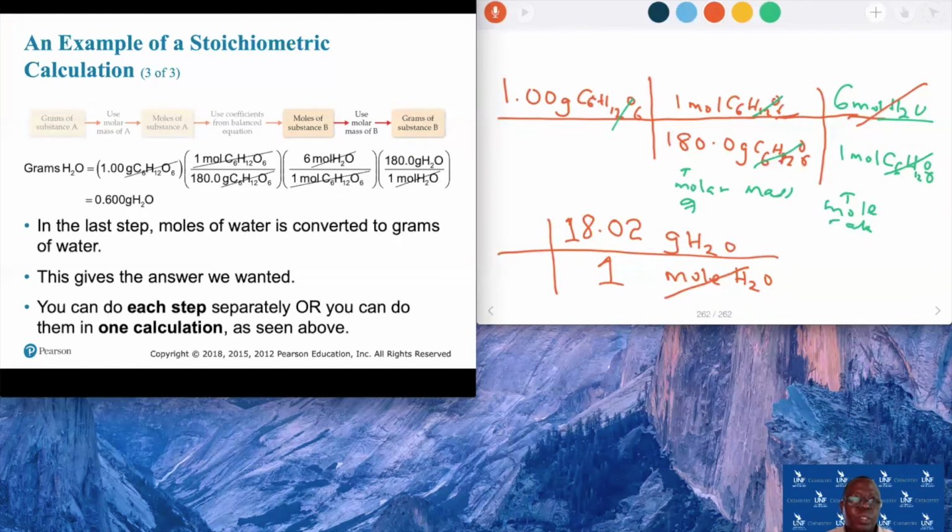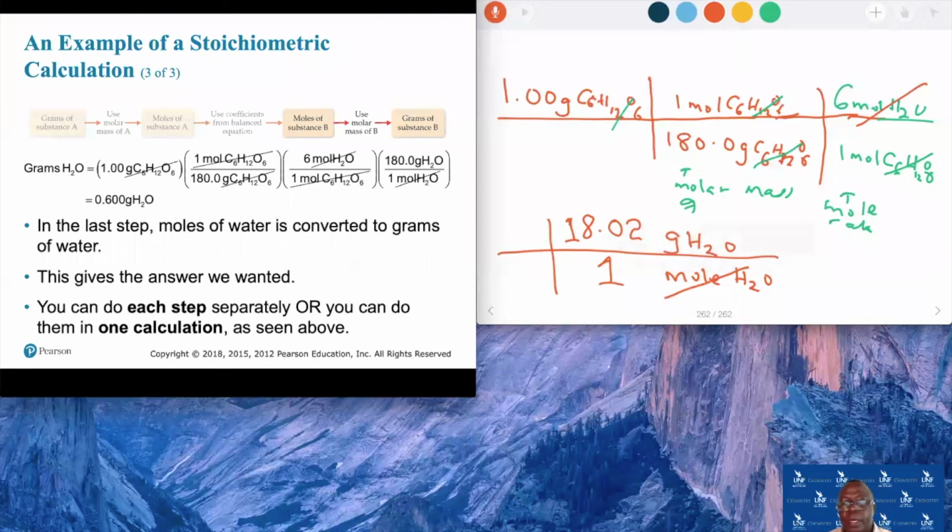It should be 18.0. I'll fix that. Thank you. Any other question? Jason, yeah, you are right, somebody brought that to my attention. Yes, H2O is 18.0 or 18.02. Just make sure you use the correct molar mass.